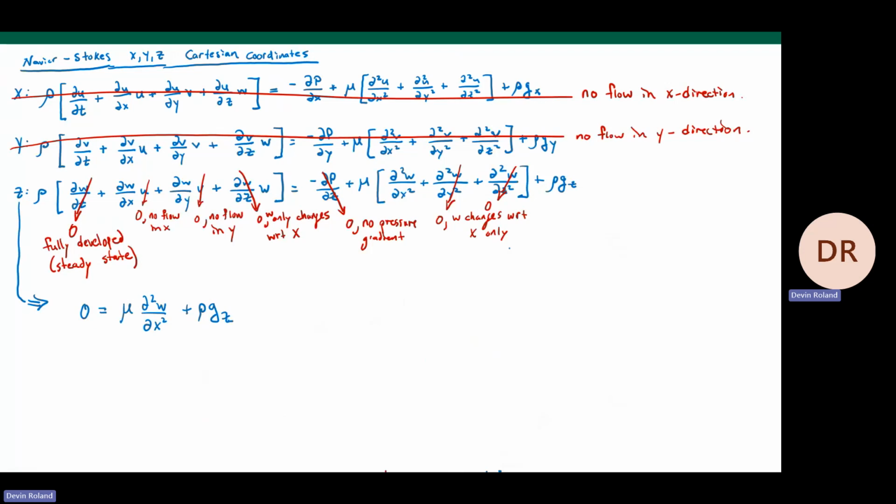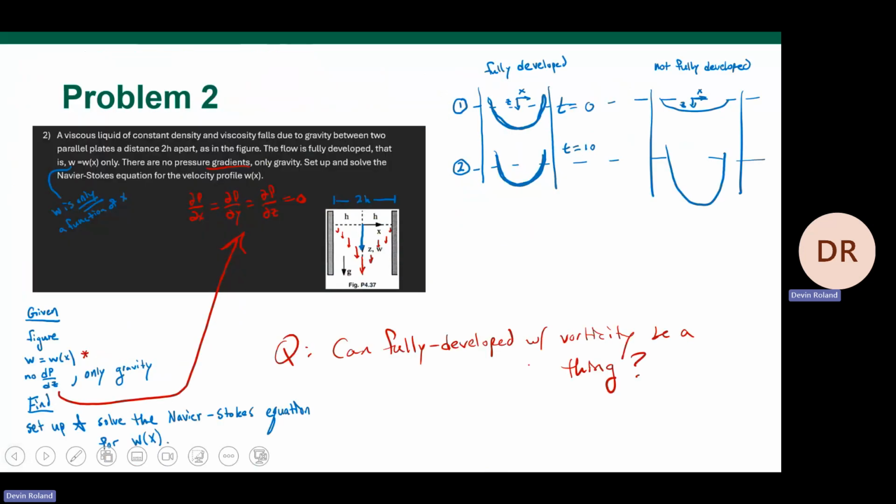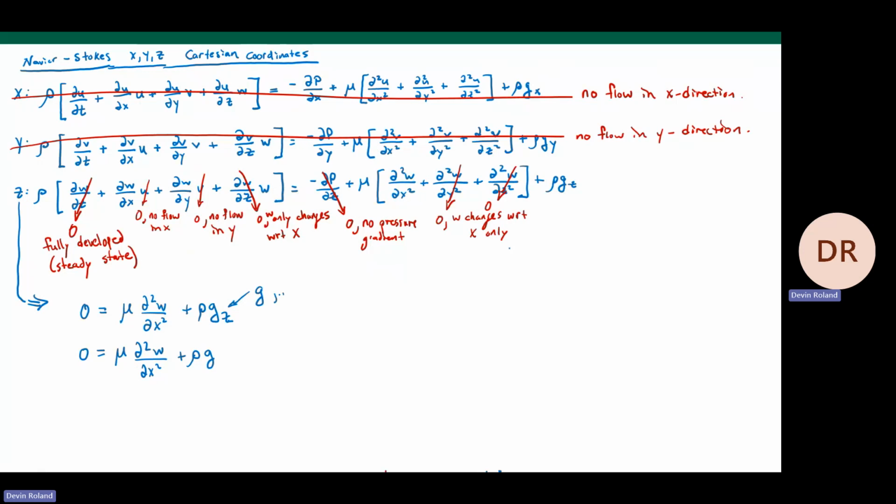And here I'm going to rewrite this to make it match the picture, because the picture is called gravity g, and it was aligned in the positive z direction. This is rho, I'm just going to plug in g here. Again, the g is aligned in the positive z direction. That won't be the case in all of your problems.